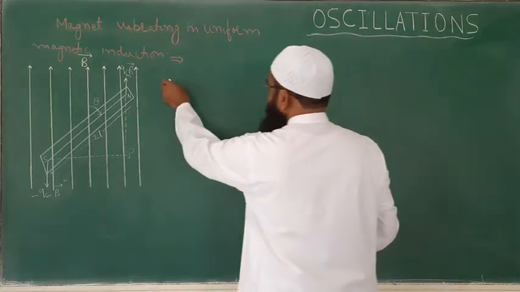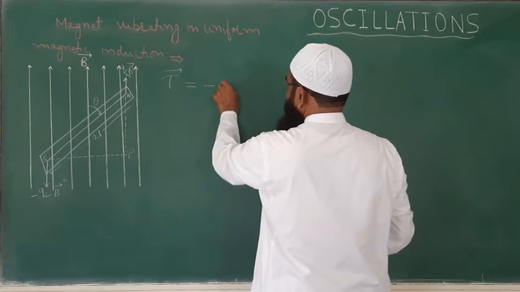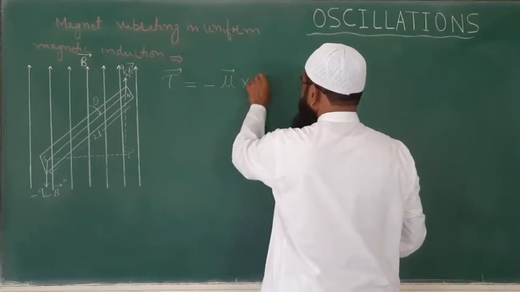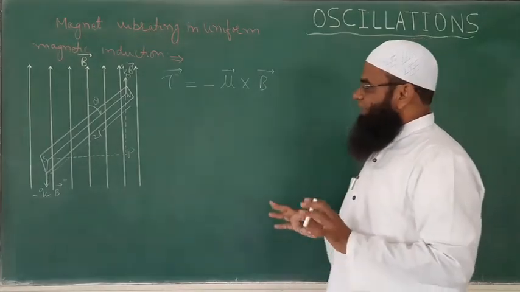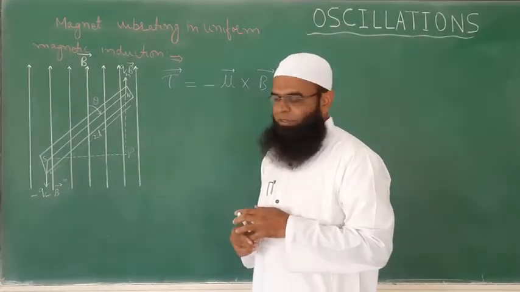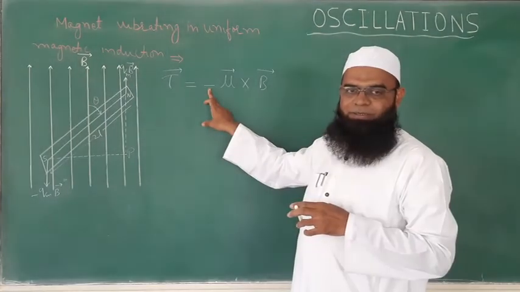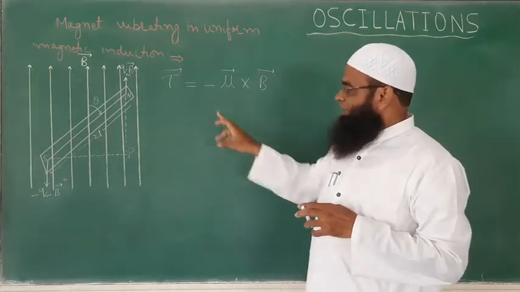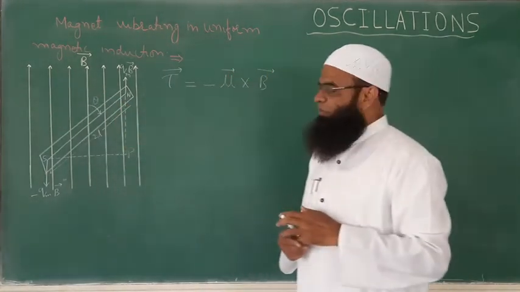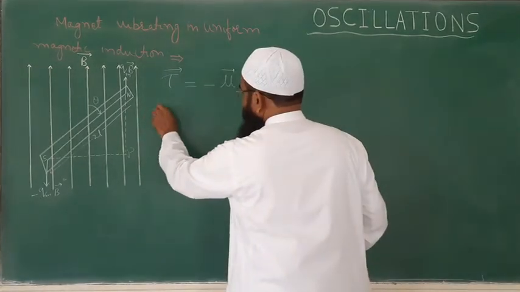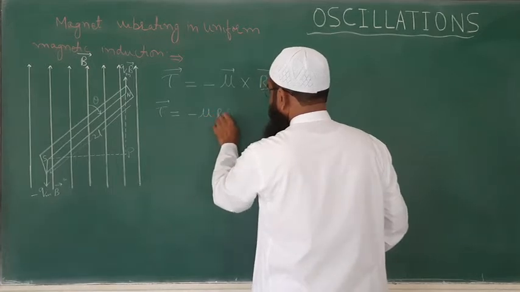Therefore we can write torque is equal to minus mu cross B. Mu is the magnetic dipole moment and B is the magnetic induction. We have written a minus sign because angular displacement and restoring torque are opposite to each other. So torque is equal to minus mu B sin theta.